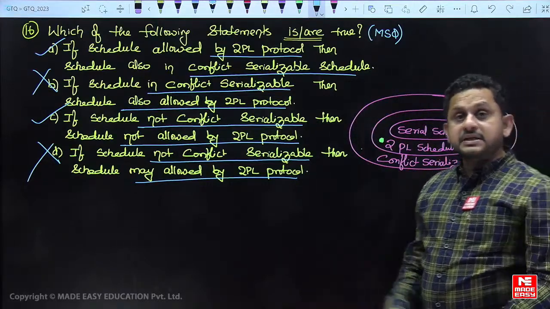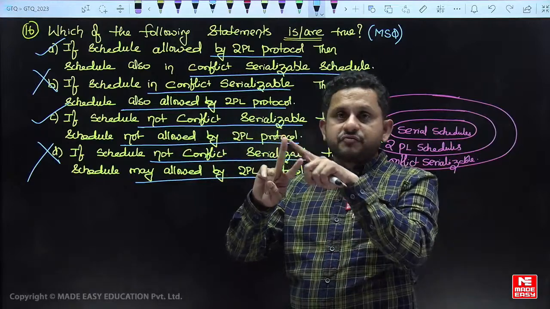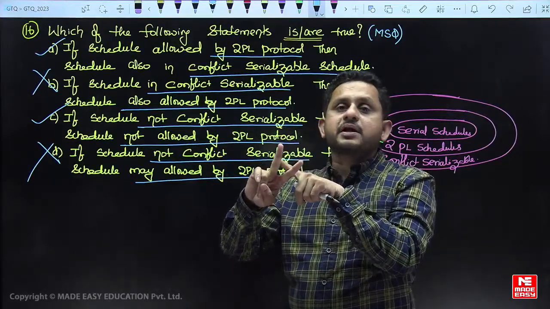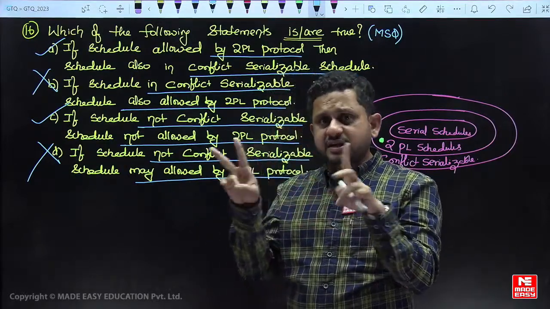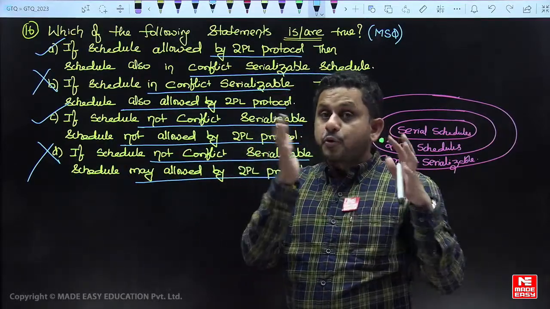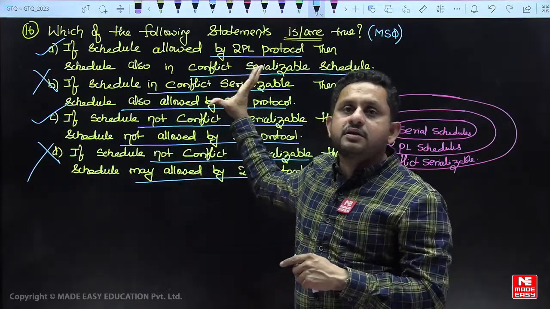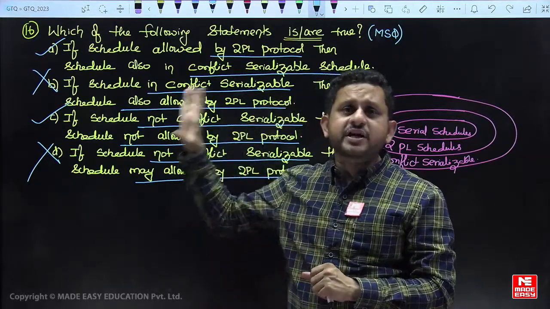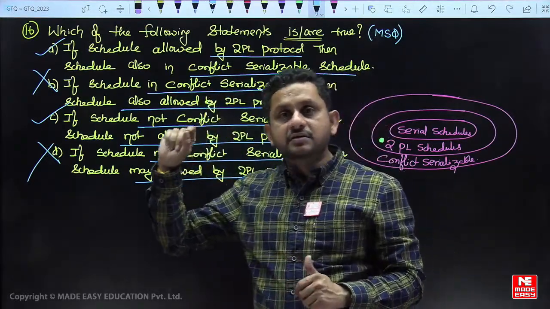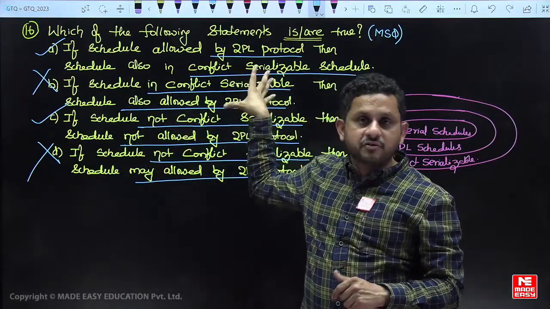So from transaction management, from conflict serialization and view serialization, there may be a numerical question or testing of conflict serialization or view serialization. From protocols, locking protocol or timestamp ordering protocol, mostly this kind of conceptual question. Almost every time in previous GATE papers, whenever they ask questions from protocols, it is conceptual.